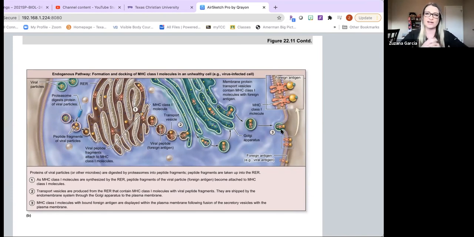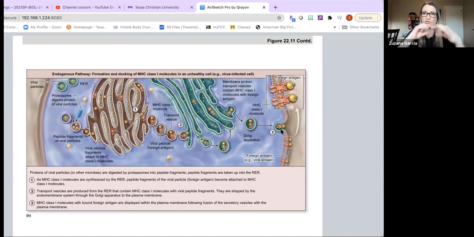So let's say a virus infects our normal cell that was just minding its business and doing its thing. Now a virus attacks it. What happens is the cell will try to protect itself, and it will eventually break down the proteins of the virus.